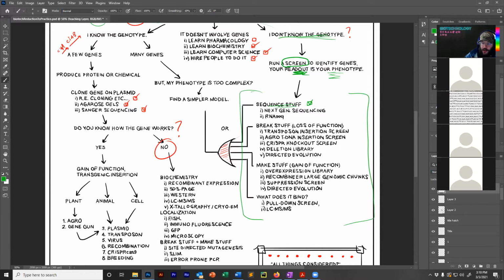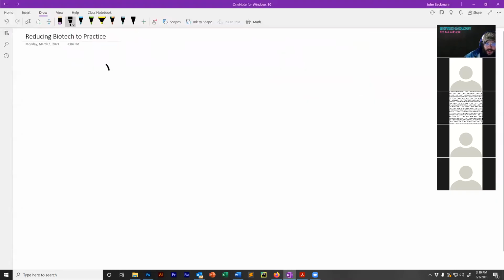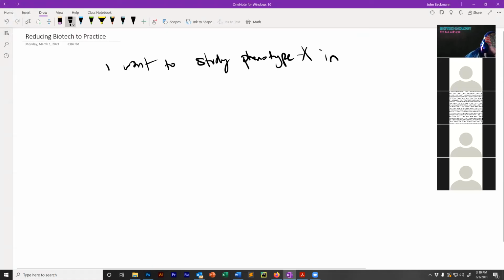So imagine your question is, I want to study phenotype X in a very strange organism that hasn't had a genome sequenced, in a weird babinga tree. I just say this as an example of something that probably doesn't have its genome sequenced.